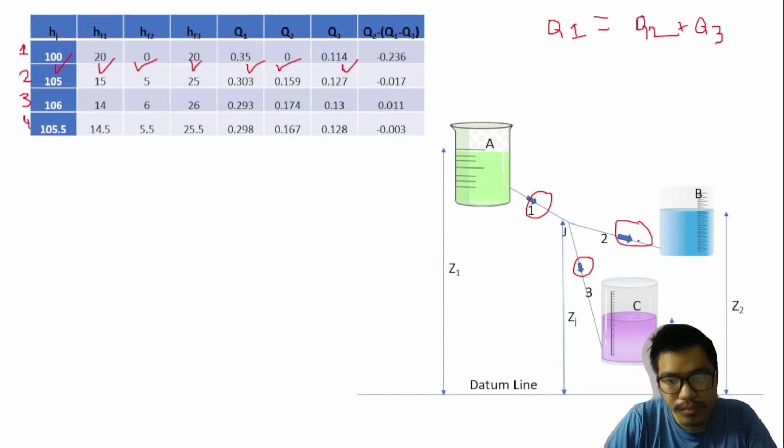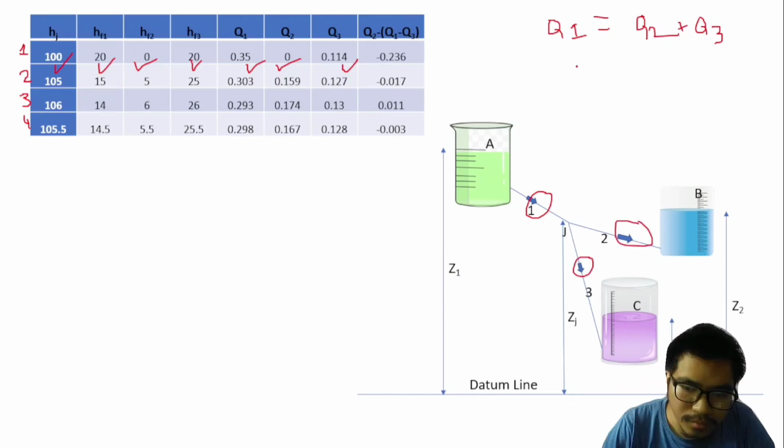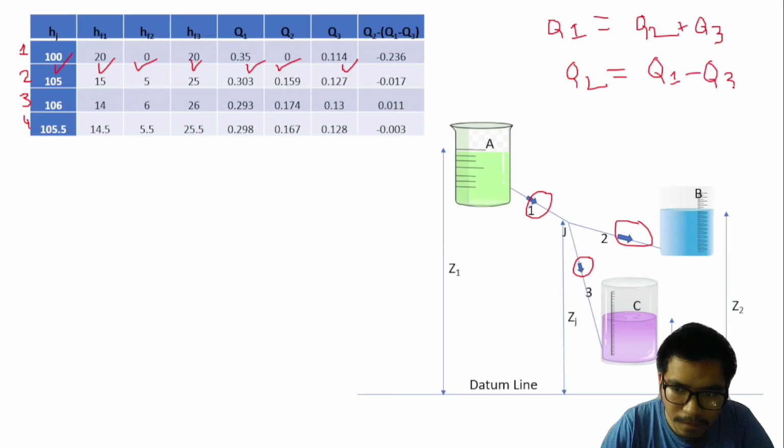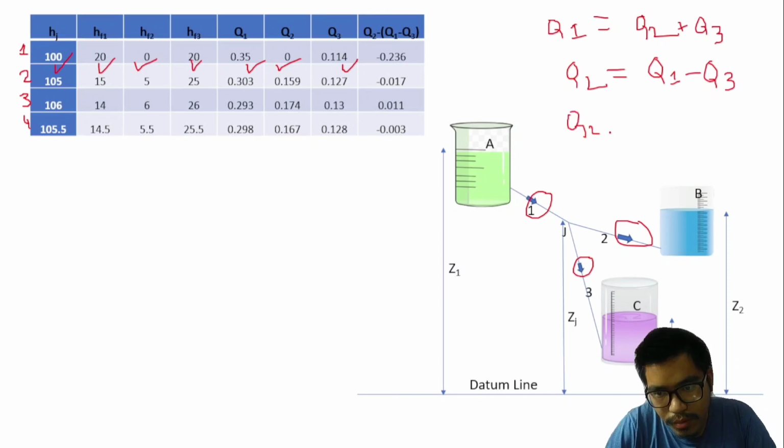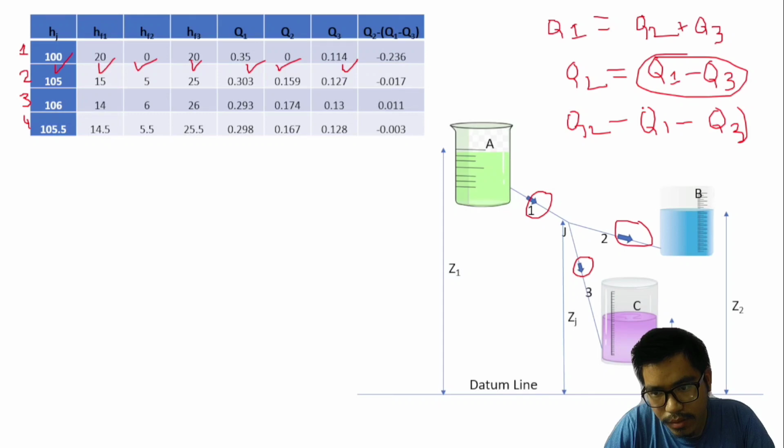By rearranging, Q2 equals Q1 minus Q3. Transferring this term to the left hand side, Q2 minus (Q1 minus Q3), so here remains 0.